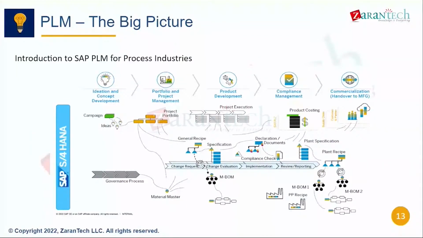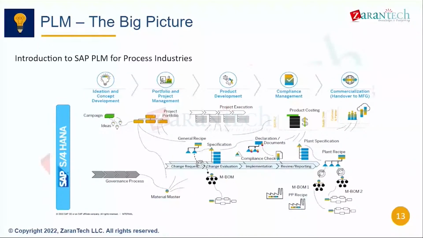So there is something called campaign management, which is in the 2022 release version of SAP PLM. SAP is bringing something called collaboration, where a campaign can be managed in the SAP PLM system only. But this campaign has to be integrated with a third-party system, or with some other SAP system.